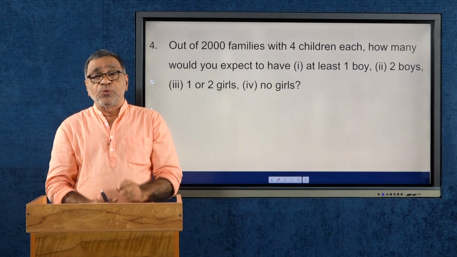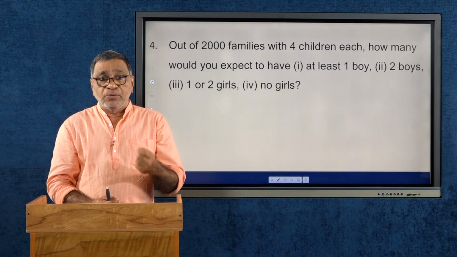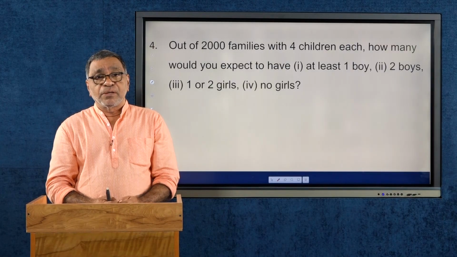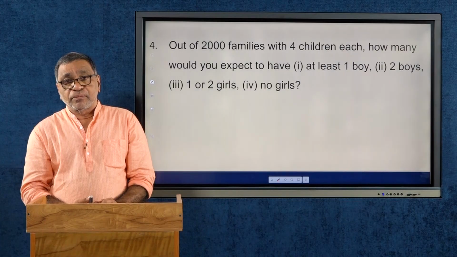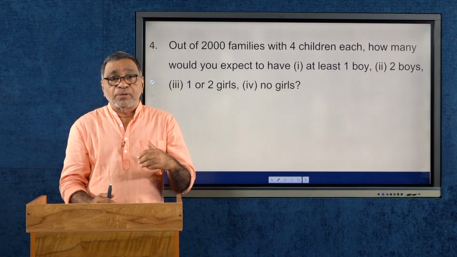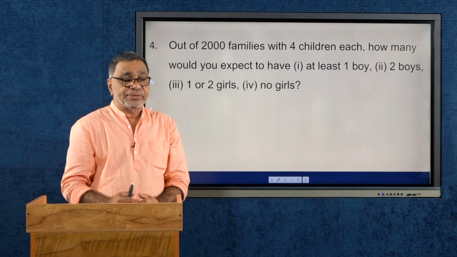If it is so, out of these 2000 families, can you give the expected number of families with at least one boy? This is a problem related to finding the expected frequencies.